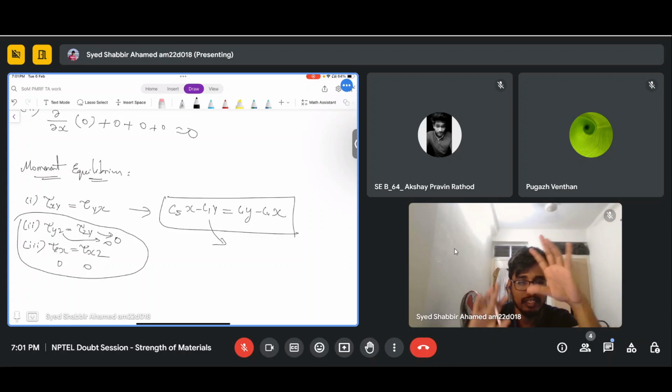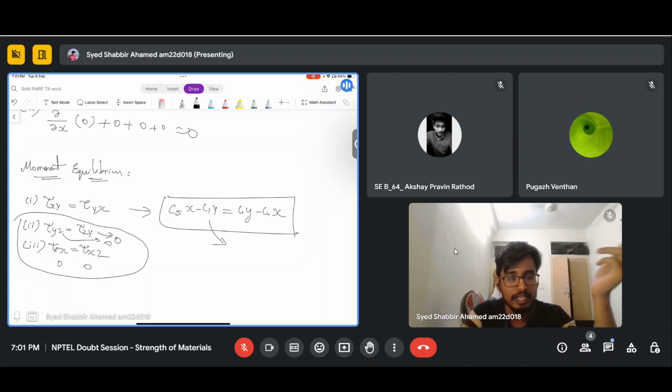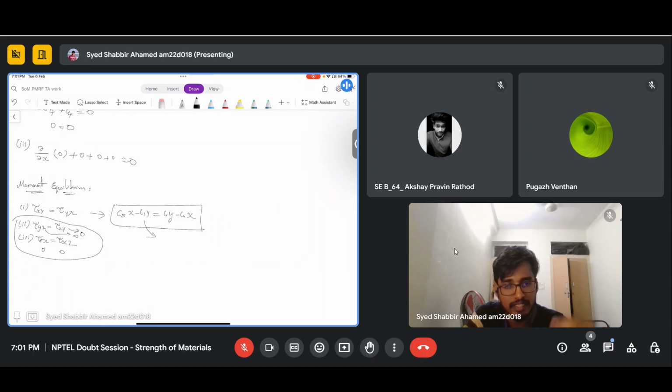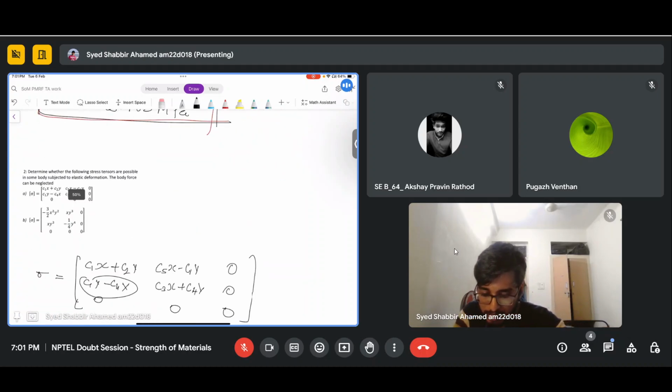That's why we can say that this stress tensor is not possible here. It doesn't represent the elastic deformation at any point on the body. If this was satisfied, we could say that this stress tensor represents elastic deformation at any point on the body. So this is how we check. This is the first thing.